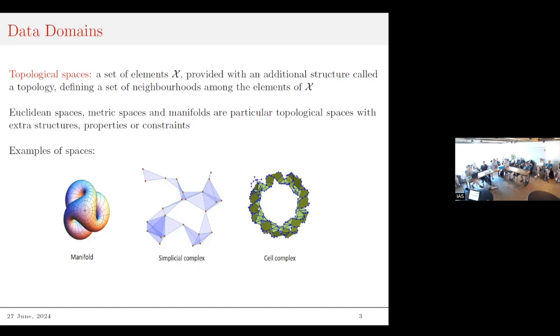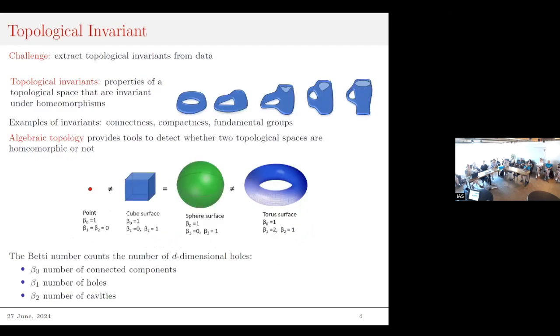A challenge, or the main goal, is to extract topological invariants from data. Our goal is to understand what are the properties of the space that are invariant to deformation of the space. It is important because we need to be able to understand when two topological spaces are equivalent.